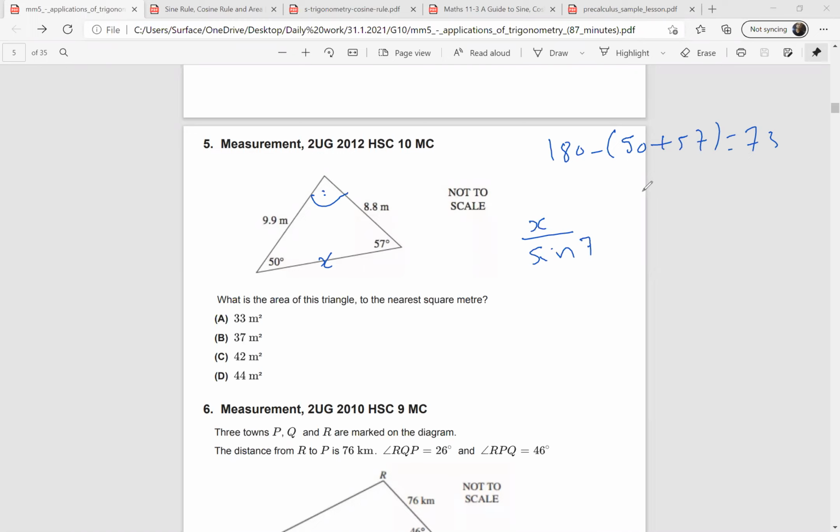Okay, we need this side. x over sine 73 equals 8.8 over sine 50. Then x will be 8.8 sine 73 over sine 50, which is, calculate please.